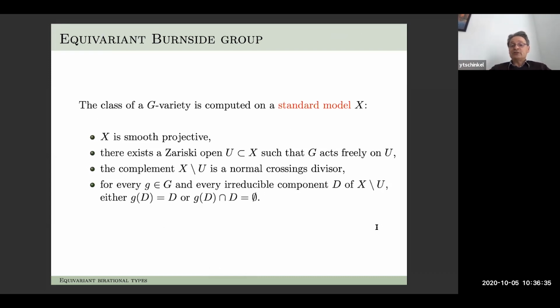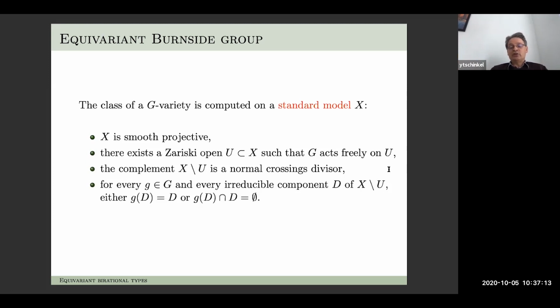So the invariant is computed on a standard model in the terminology of Reichstein and Youssin. So X is smooth projective. There is some Zariski open with free action of G. The complement is normal crossings, and then the relevant condition is that whenever you have an irreducible component in the complement, on the boundary, then either the translate of this component by G doesn't intersect the component, or G acts on the component.